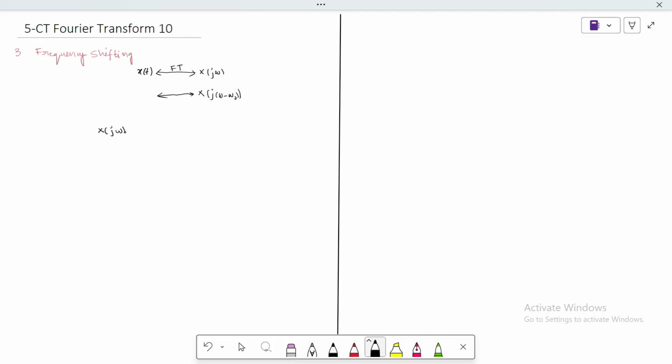So x of j omega equals the integral from minus infinity to plus infinity of x of t into e power minus j omega t into dt. Just replace the omega by omega minus omega naught.